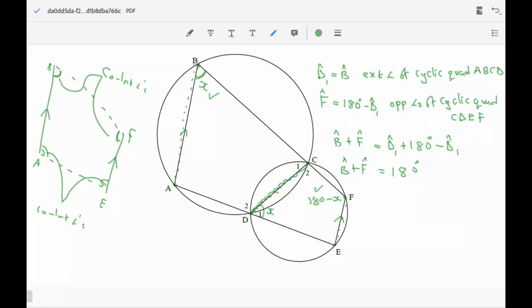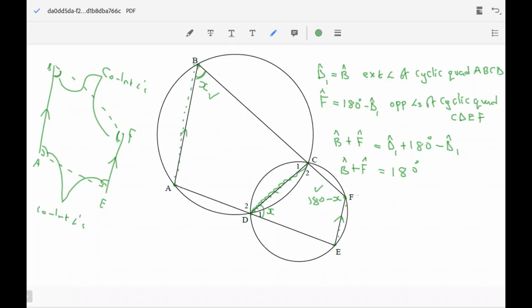Alternatively, you can choose to use the X. If you use the X, that means you start by letting B equal X, then D1 will be X, then F will be 180 minus X, then B plus F would be X plus 180 minus X. So from here, our co-interior angles, which are angle B and angle F, equal 180 degrees.